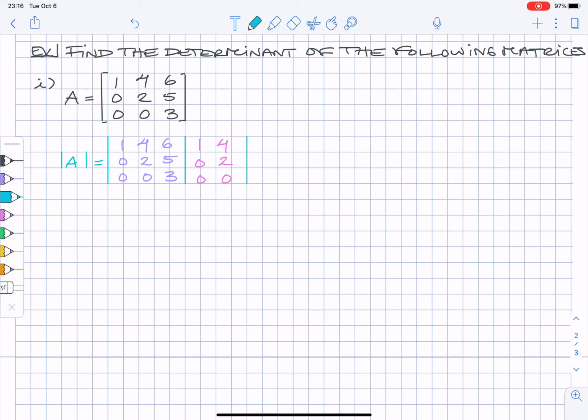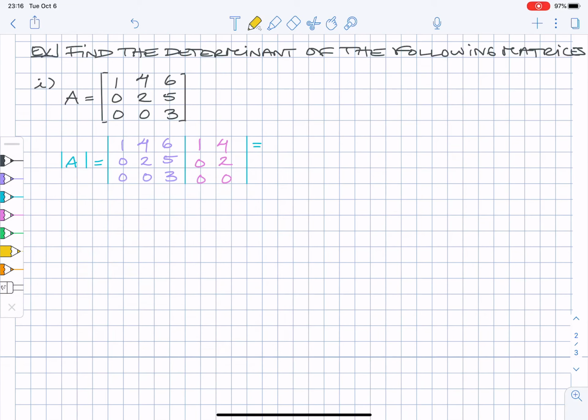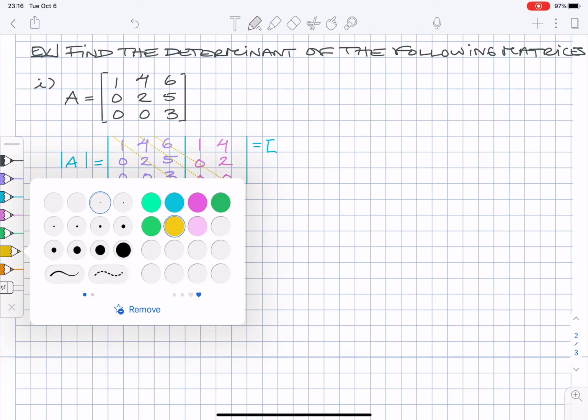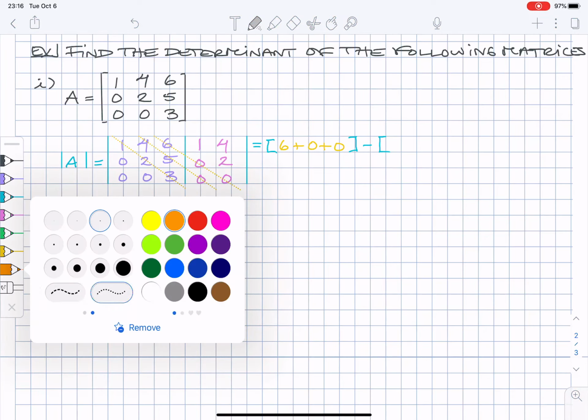So now what we're going to do is take the product of all the main diagonal entries. So this is going to be 1 times 2 times 3 is 6, plus 0 plus 0 for the main diagonal entries. We're going to subtract from that the product of the alternate diagonal entries.